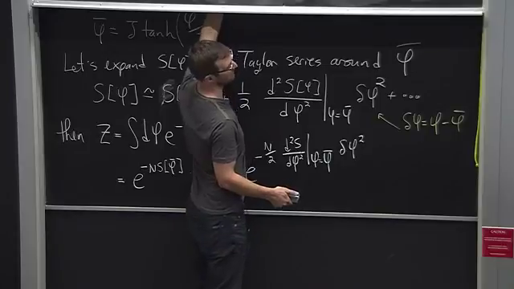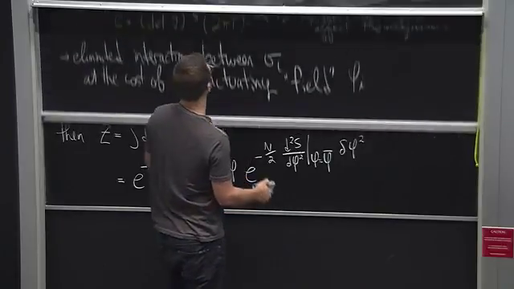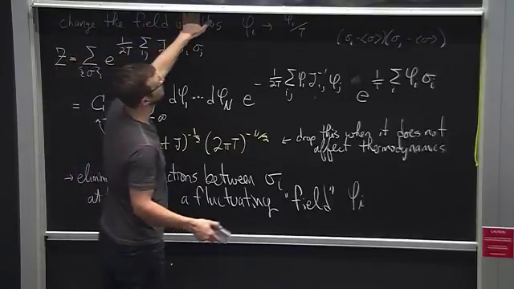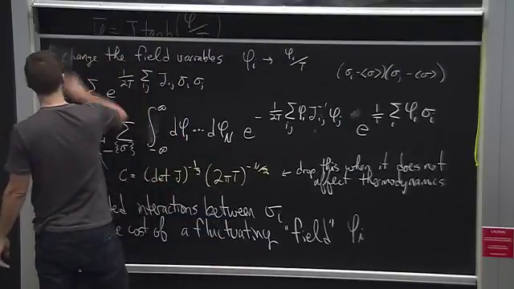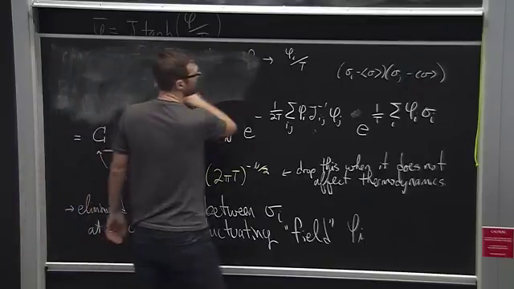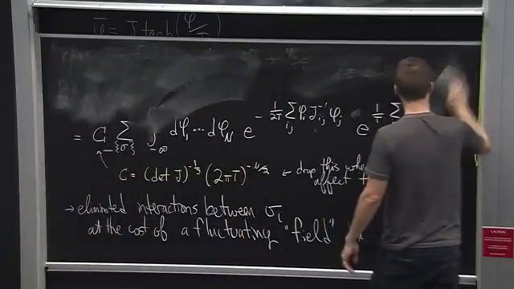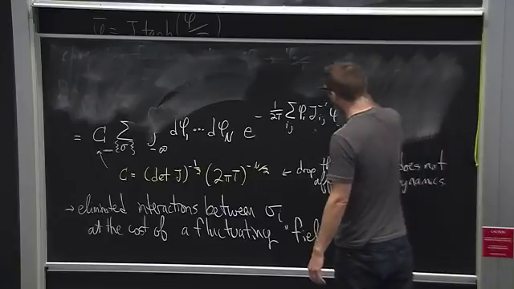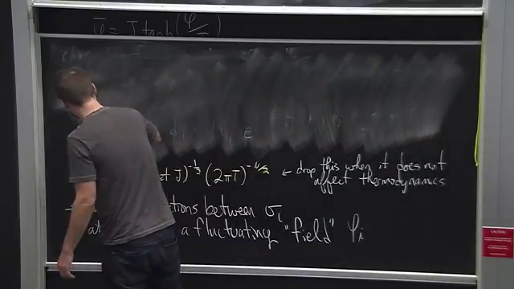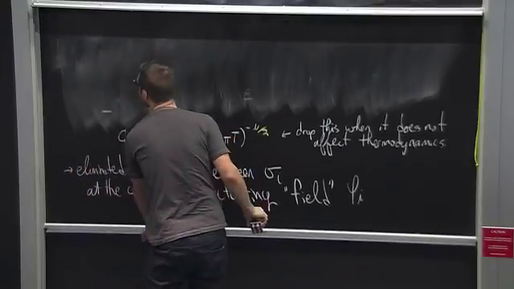So maybe it's actually less confusing. I'm going to change variables. I'm going to get rid of those fields. I just basically want to get rid of this J_ij that's going to cause a problem down the road.